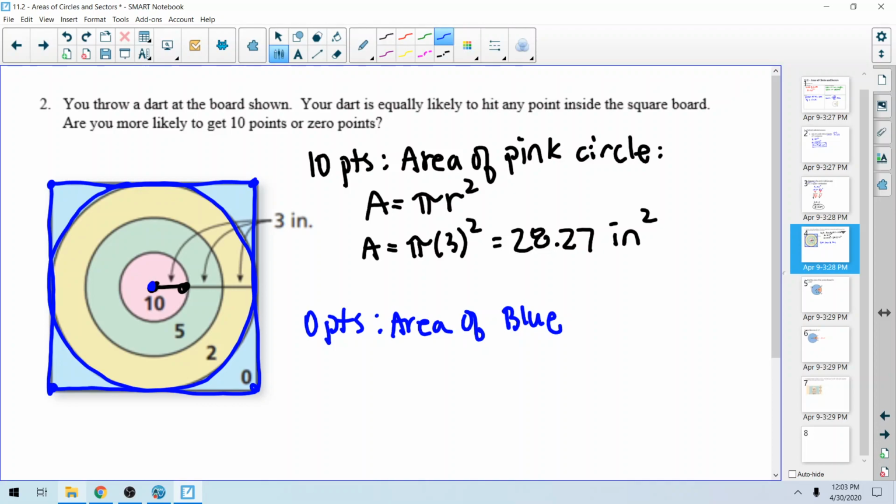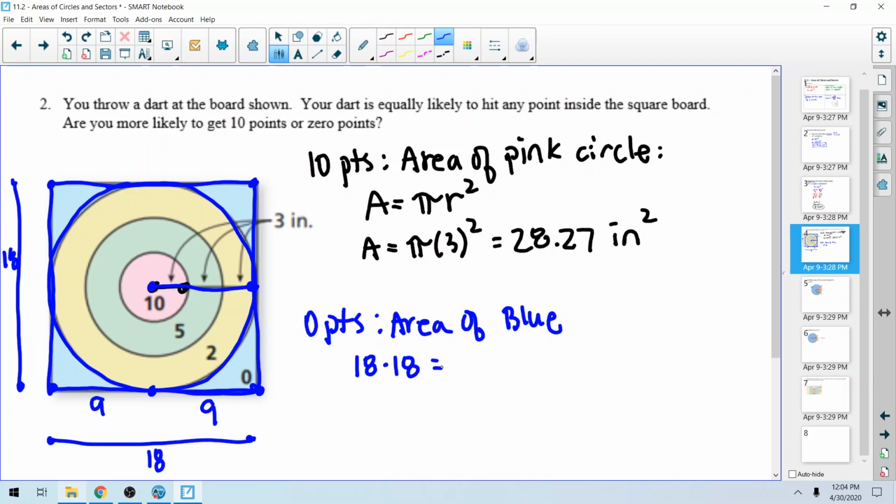So from here to here, we know is 3, 6, 9. So from here to here, we know is 9, which means on the flip side would be 9. So I know that this is 18, which means I know that this is 18. So we've got 18 times 18.